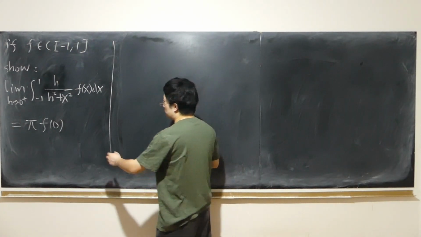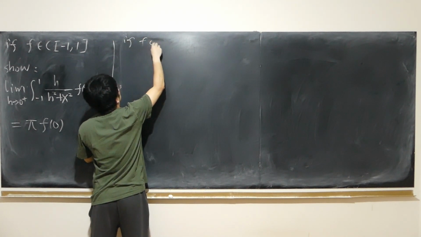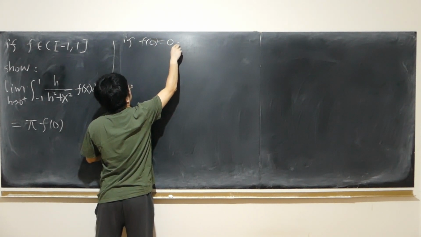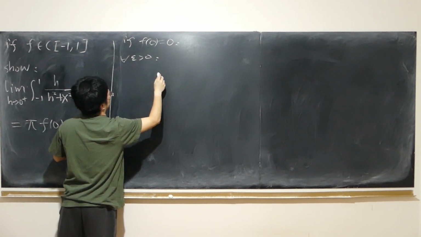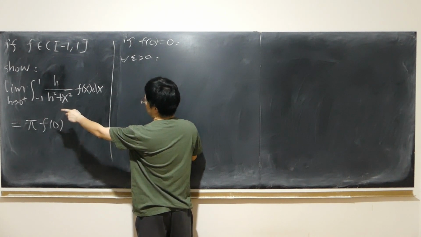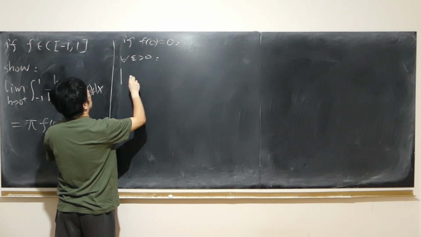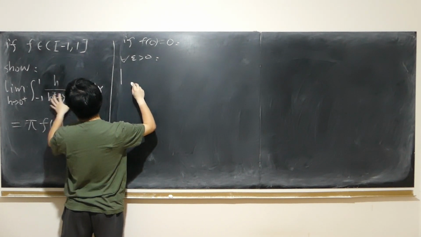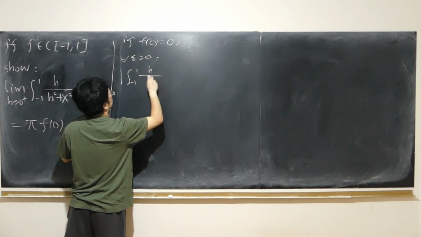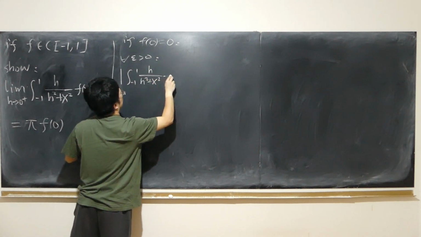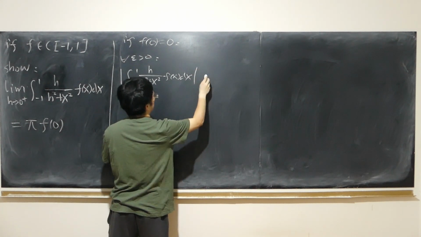So to show that the limit of this is equal to that, first I assume that f of 0 is equal to 0. What's going to happen? All I need to show is that for any epsilon bigger than 0, I can find a delta such that when h is smaller than delta, bigger than 0, the integral from negative 1 to 1 of h over h squared plus x squared times f(x) dx, minus 0, is smaller than epsilon.